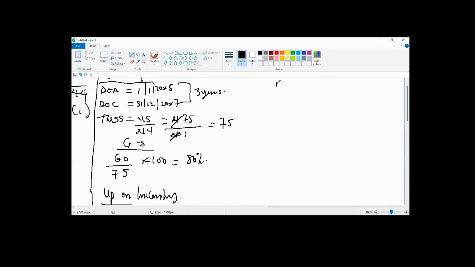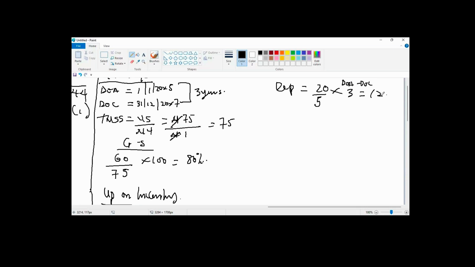Depreciation: 20 divided by 5 years, times from the date of acquisition to date of consolidation, from DOA to DOC, which is 3 years.